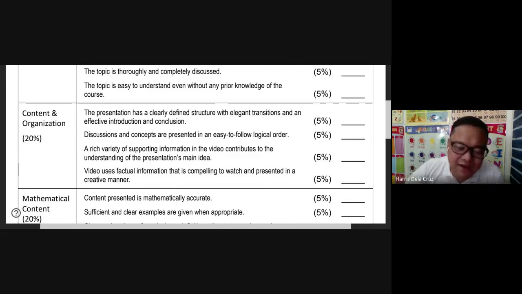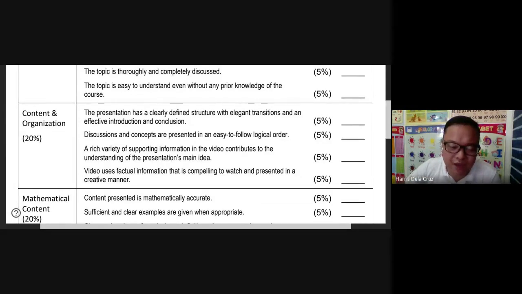A rich variety of supporting information in the video contributes to the understanding of the presentation. So, as much as possible, we don't want a very linear storyline that is very plain. So, of course, we want to inject certain information that could support our story.